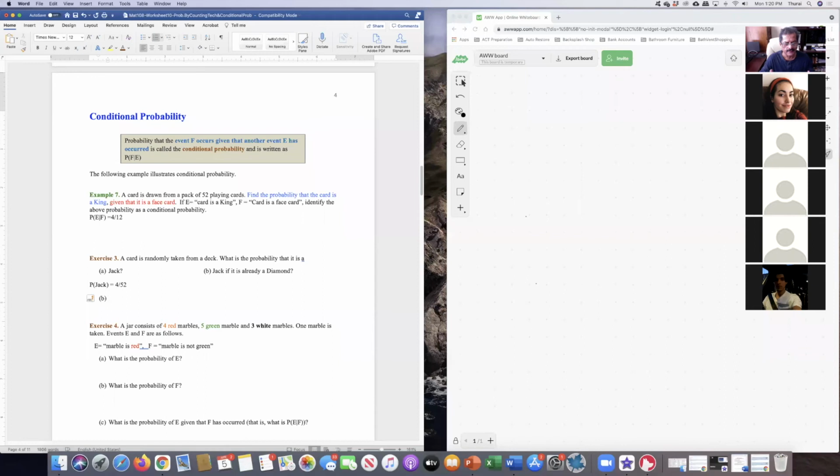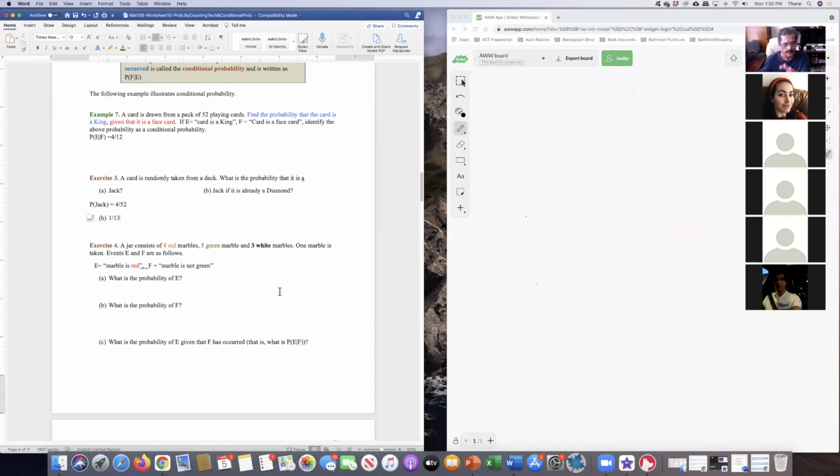Because if it is already a diamond, there's only 1 jack within diamonds, right? So if it is already a diamond, then our sample space comes down to 13 elements. Out of those 13, there's only 1 jack. So 1/13. Ask me a question if you're not following me. It's important that you understand conditional probability.